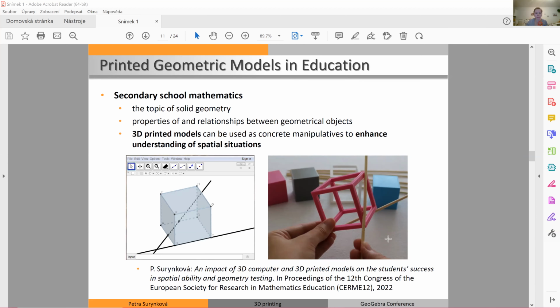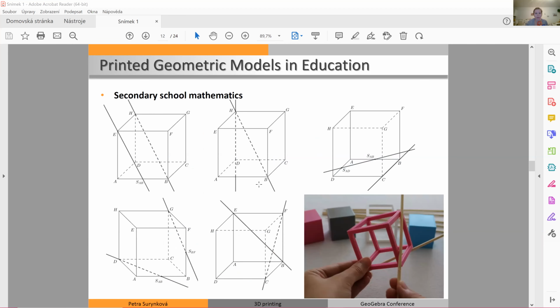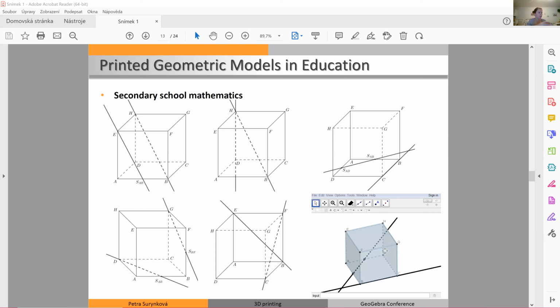I'm doing some research on this, comparing what is better for students. Here, for example, you can see the situations where students are asked about the positions of two lines. The task is depicted just in the plane, and the question is what is better, if they can use a physical model or a digital model, and whether they are able to determine what the situation in the picture is.